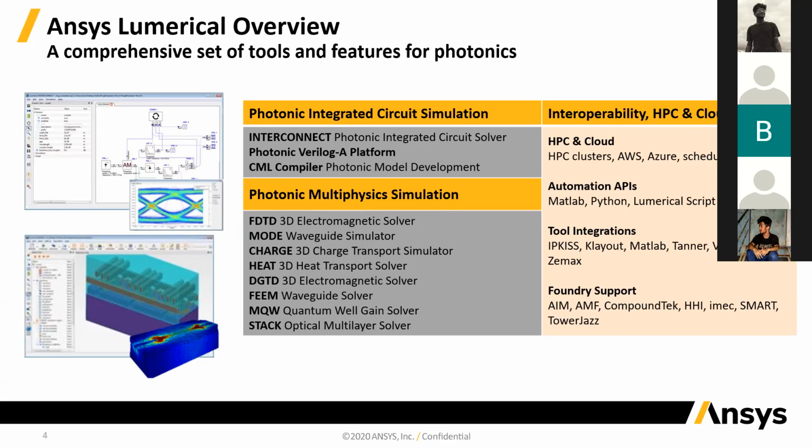And this solver is especially useful when you have devices where dimensions are comparable to the wavelength of the light, right? So you need to capture those effects coming from interference, diffraction, and for that you need a solver that can solve Maxwell's equation accurately.